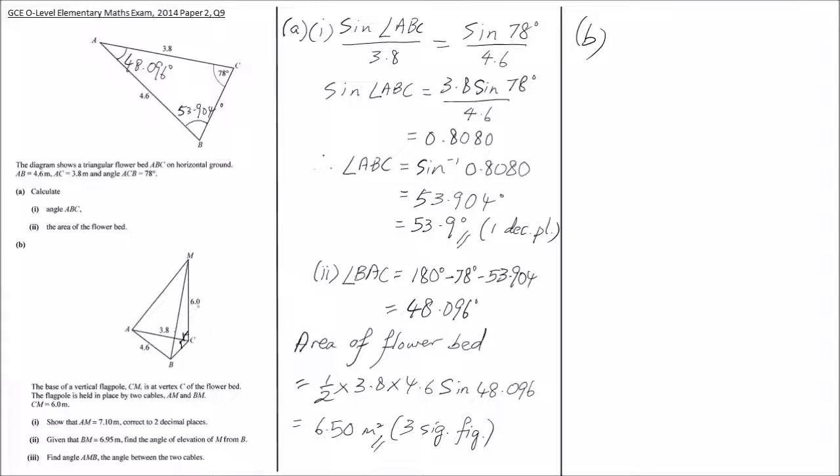So we have two right angle triangles here, the triangle ACM and the triangle BCM. And let's look at part 1. We have to show that AM is 7.10 meter. AM is the hypotenuse of this right angle triangle ACM. So since we know the two sides AC and MC, we can use Pythagoras theorem.